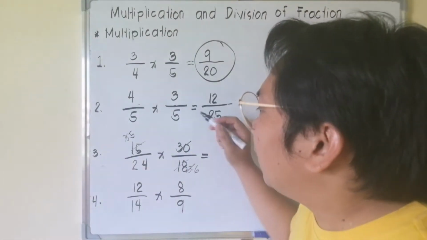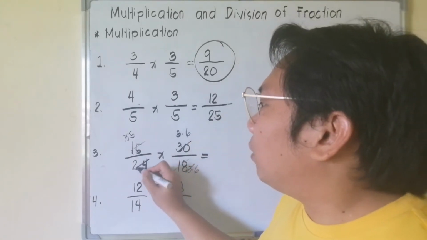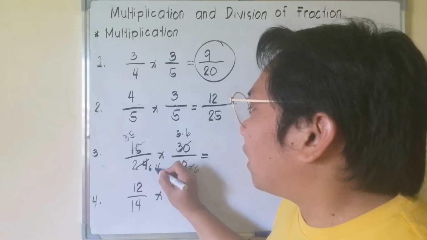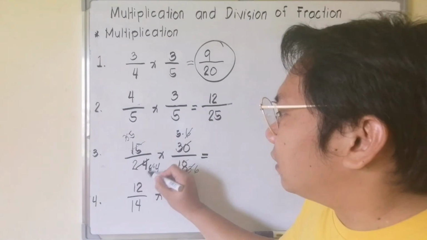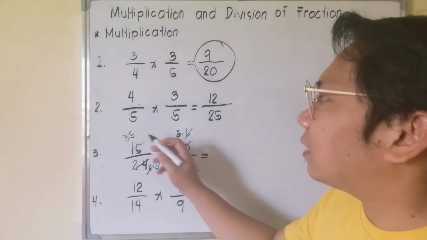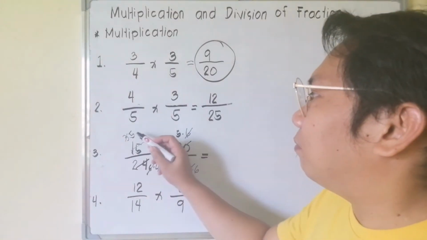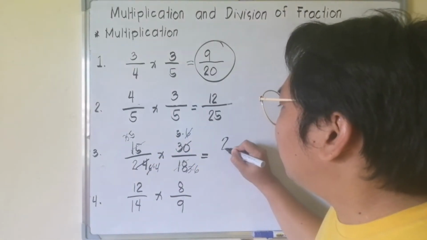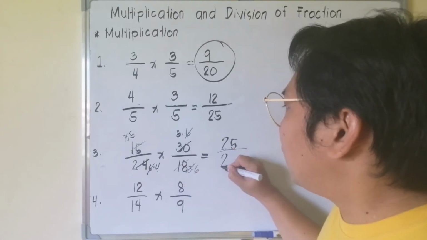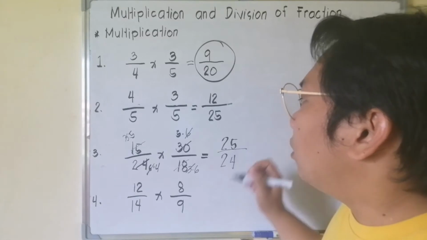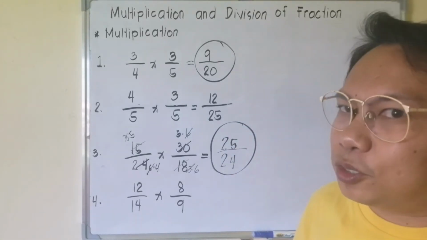Similarly, 30 can be written as 5 times 6 and 24 is 6 times 4. So again, we can cancel 6 here and 6 here. So meron na lang tayong natirang sa taas 5 times 5 and 4 times 6. And 5 times 5, that will give you 25, and 4 times 6 is equal to 24.